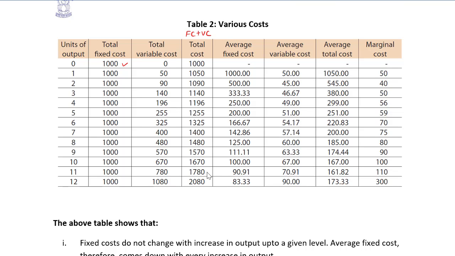Average fixed cost is total fixed cost divided by quantity. Average variable cost is total variable cost divided by quantity. Average total cost is total cost divided by quantity, and marginal cost is the change in total cost, so TC(n) minus TC(n minus 1).